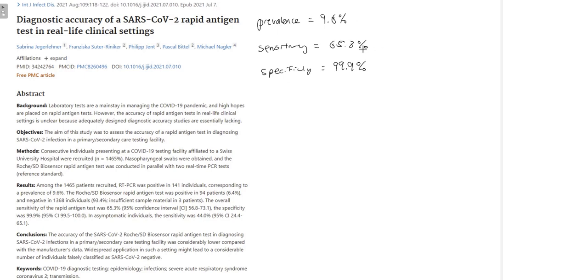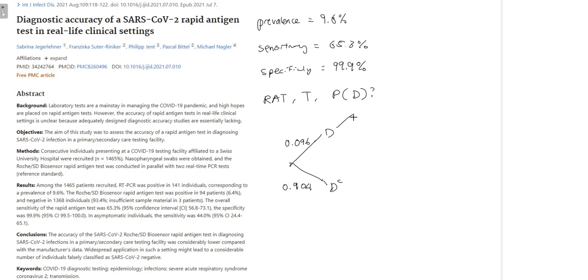So with these numbers, if I took this rapid antigen test and I got a true, a positive, what's the probability that I actually have the disease? If I draw this again: 0.096, have disease based on the PCR test. 1 minus that would be 0.904, would not have the disease.